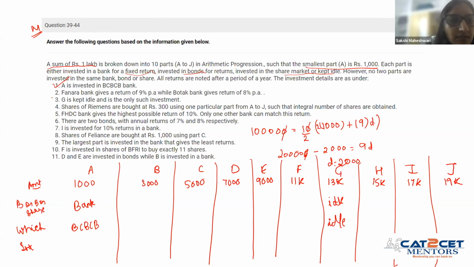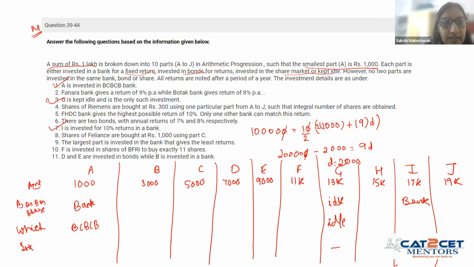So I've used this information also. Now shares of RIM, I'll use this later. Now FHDC Bank gives the highest possible return. Let's use this later. See, I is invested for 10% returns in a bank. So I is invested in a bank and this gives 10% return. Okay. Now we have used this.